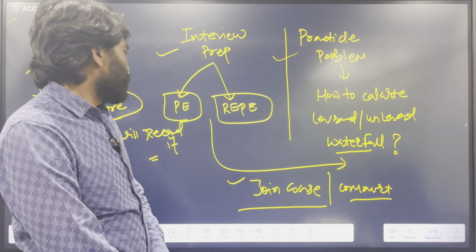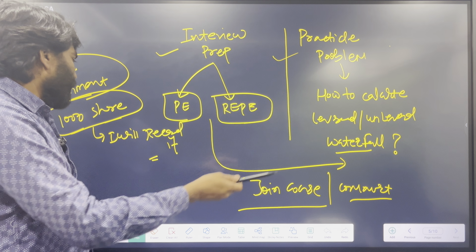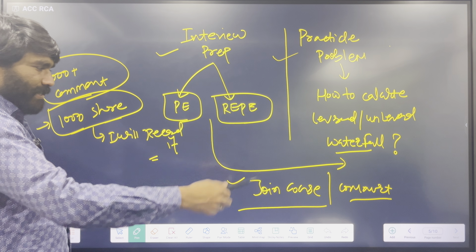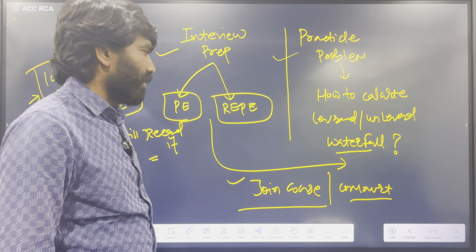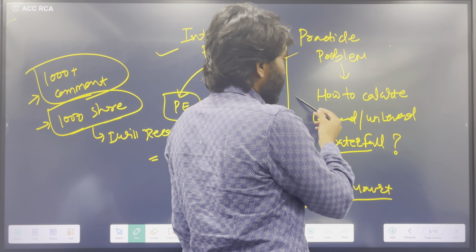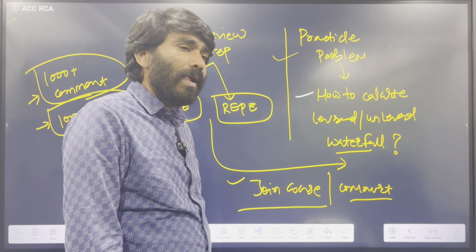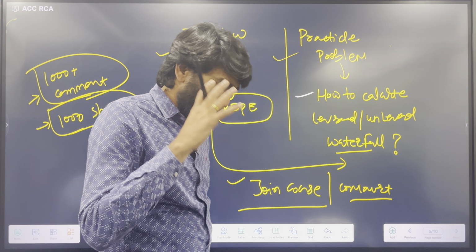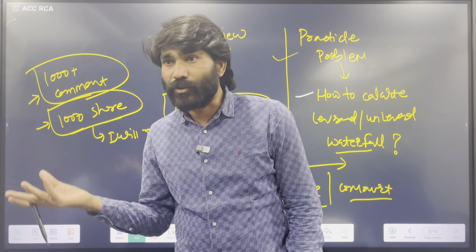Now, from the interview perspective, two things are very important. In private equity, there are two things, as I said: one is the normal private equity fund, and the other is the real estate private equity fund. Definitely you may expect questions on how to calculate levered and unlevered in a waterfall calculation, or how we can prepare the debt waterfall calculation or distribution process.